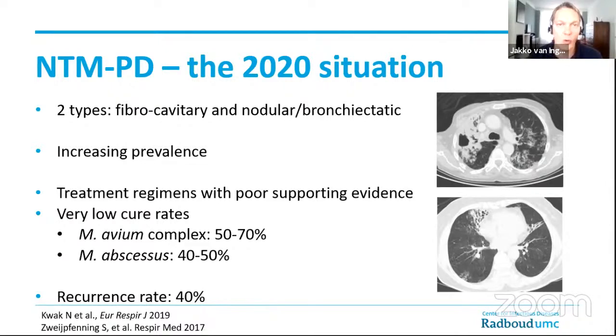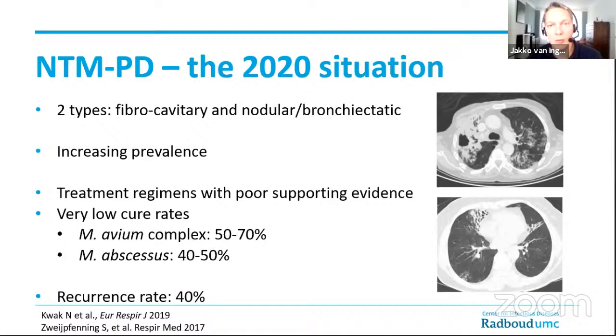If you look at cohorts of Mycobacterium avium complex pulmonary disease, a good outcome, so culture conversion and then culture negativity until the end of treatment, is achieved in some 50 to 70% of the patients, depending again on that manifestation. Fibro-cavitary does worse, nodular bronchiectatic does relatively better. For Mycobacterium abscessus, it's just utter drama. And regardless of the disease manifestation, outcomes are very, very poor, with cure rates in range of 40 to 50%.